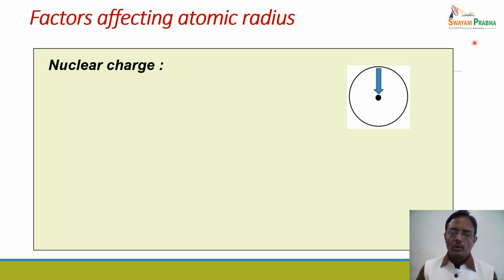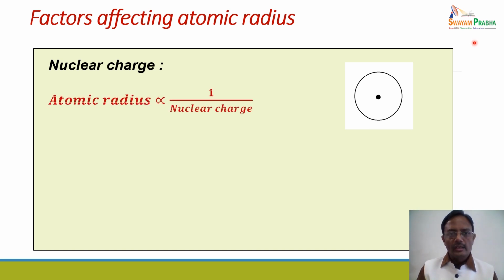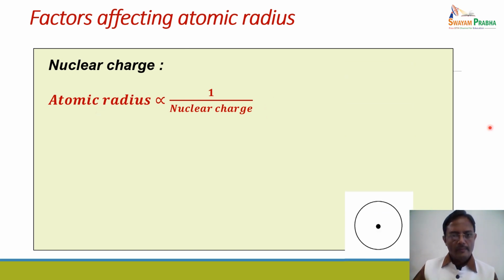The outermost electron will get attracted closer to the nucleus, and as a result, with increase in nuclear charge, the atomic size will decrease, or atomic radius will decrease. In other words, we can say that the atomic radius is inversely proportional to the nuclear charge. With increase in nuclear charge, the atomic radius will decrease, or with decrease in nuclear charge, atomic radius will increase.